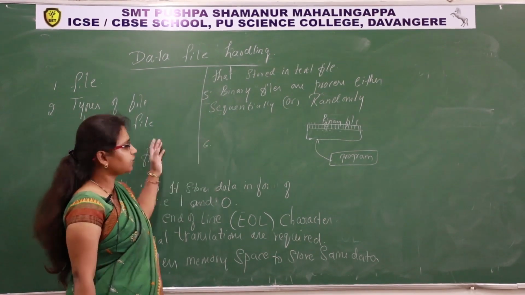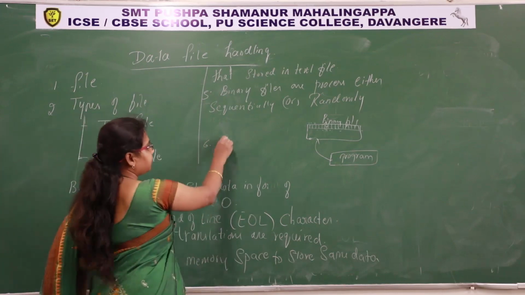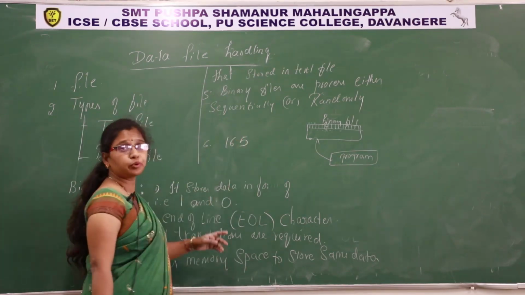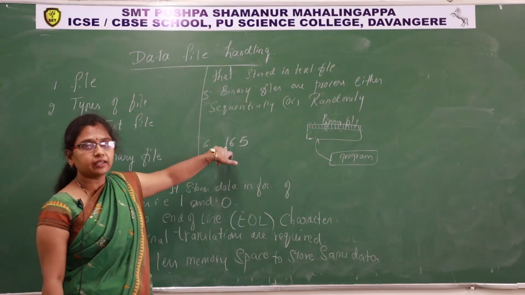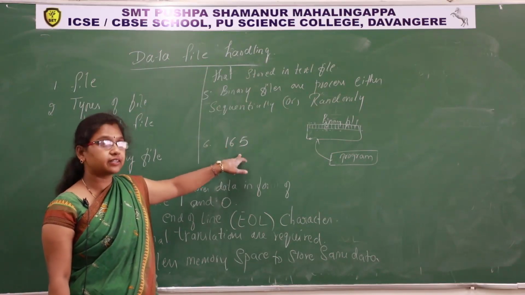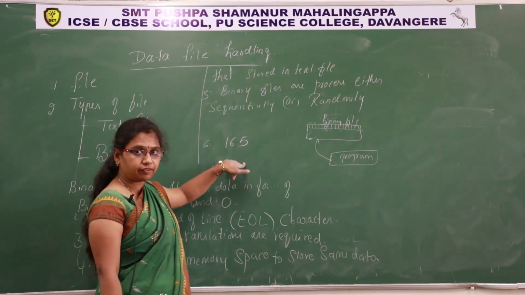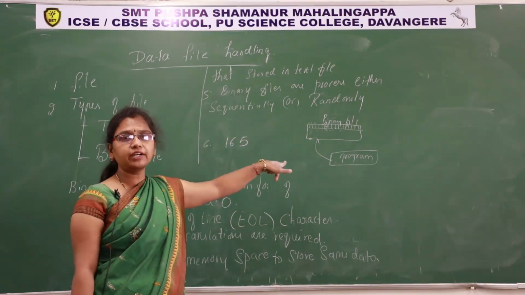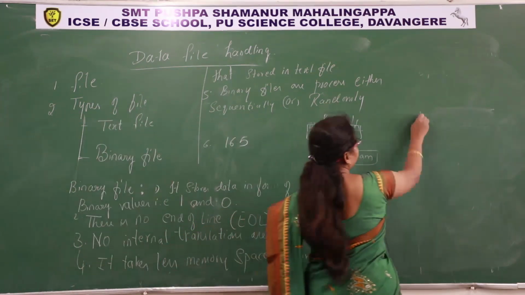See here, in the text file I had taken an example, 165. There it occupied 3 bytes because each digit we considered as a character in a text file. But in this binary file, 165 is converted into binary form. How to convert 165 into binary form?